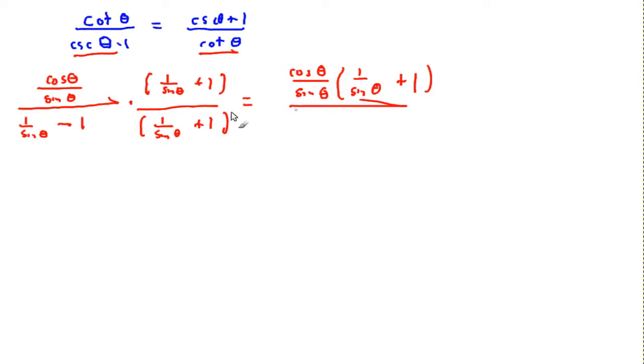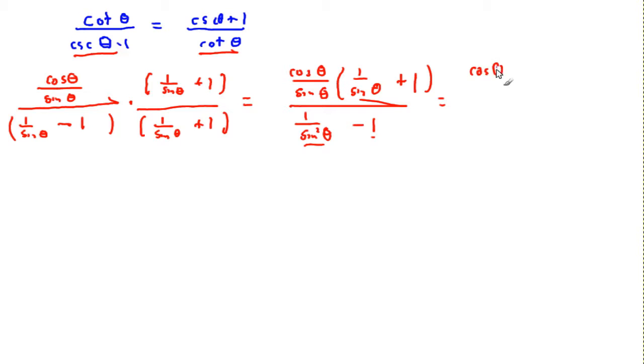And the denominator, when we multiply these factors out, it's going to give us 1 over sine squared theta minus 1. And what I'm going to do, before I do anything else, is get the common denominator for the denominator. So the numerator, I'm going to leave as is.